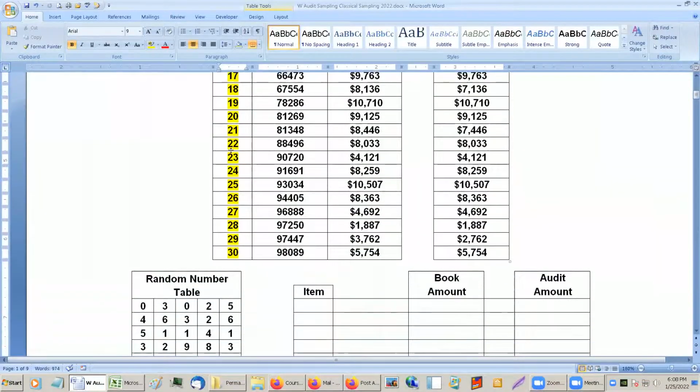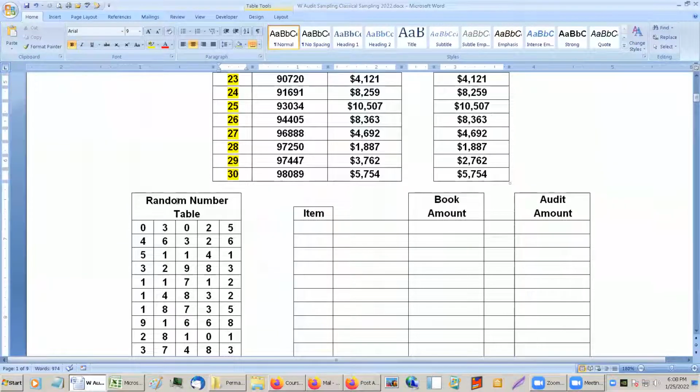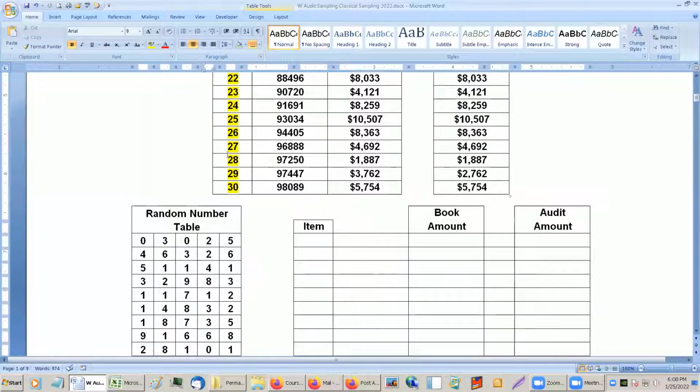Okay, so this random number table is really what they call random digits. Each one of these is completely random. So you could pick from this column, or this column, or whatever column you want. Now we have 2 digits here, so we're going to pick 2 digits.